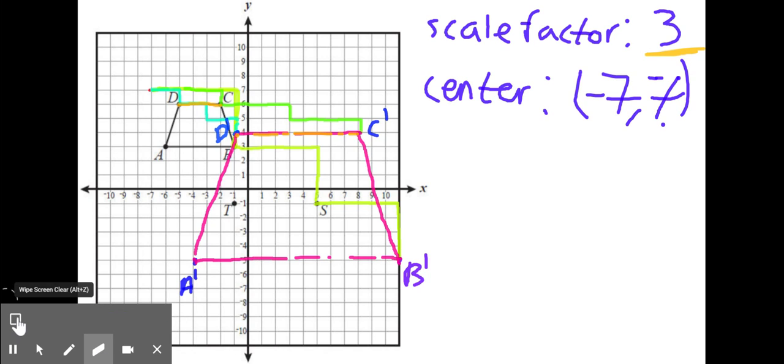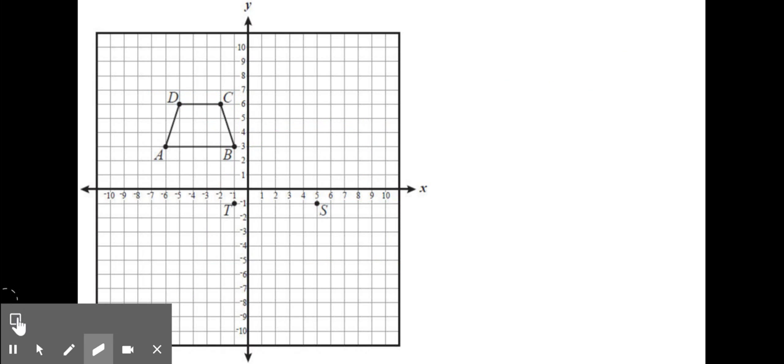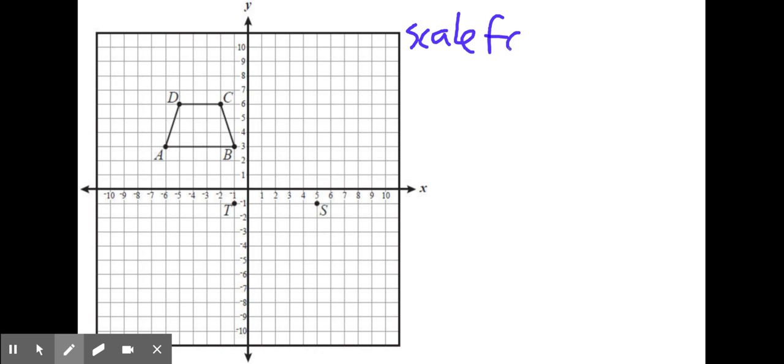Now with this same pre-image, we are going to create another dilation, and this time we are going to do a reduction. So again, you need to have a center and a scale factor. So my scale factor this time is going to be 1/2. Right? That's smaller than 1, and so it indicates that I'm going to have a reduction.